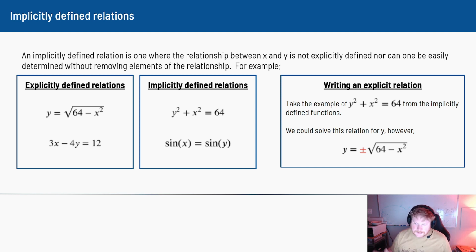I don't have the entire circle. So solving for y in this case eliminates some aspect that was originally defined in the implicit relationship. So this is an implicitly defined relation that I cannot solve for y without removing elements of the graph.